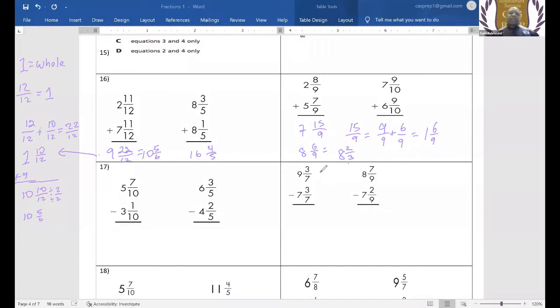So the same thing holds true for subtraction. Over here, again, same common denominators, so we can just subtract. We get 6 over 10. 5 minus 3 gives us 2. 2 and 6 over 10. Can we do anything with that?